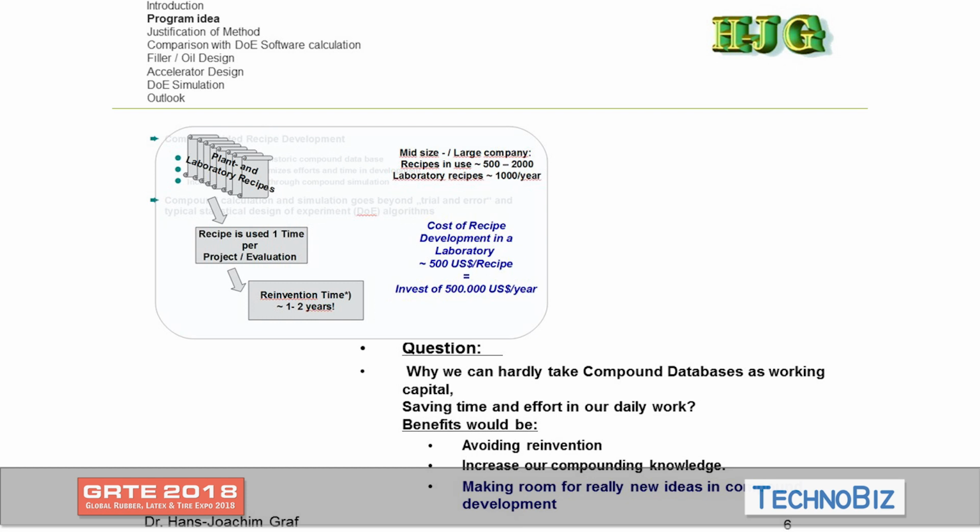And that should represent also some knowledge. And then you see this question arising why we cannot really take that as working capital and not as capital which is gone. We want to avoid reinvention, that is, and of course increase the knowledge, but first avoid multiplication, doing the same thing again and again.